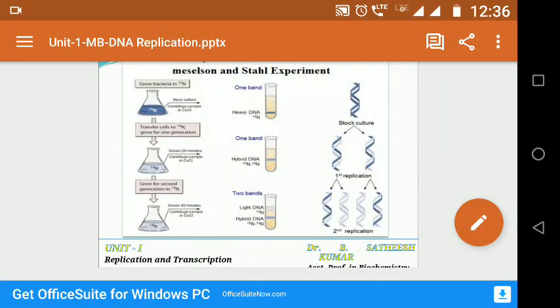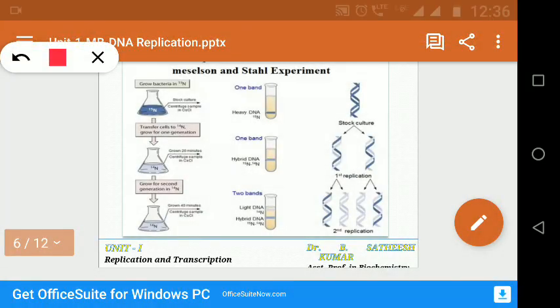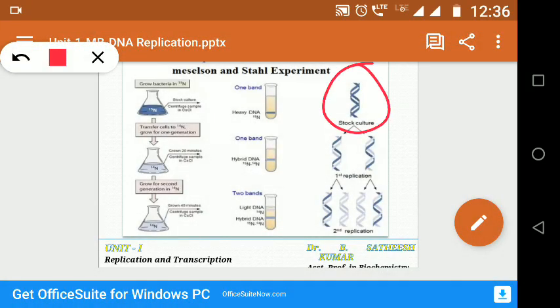And one more experiment you have learned in the previous class is the Meselson and Stahl experiment, and this experiment is used to prove that DNA replication is a semi-conservative model. Semi-conservative means that the parent DNA is having two strands.